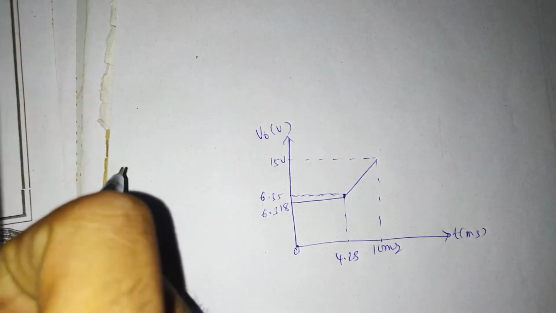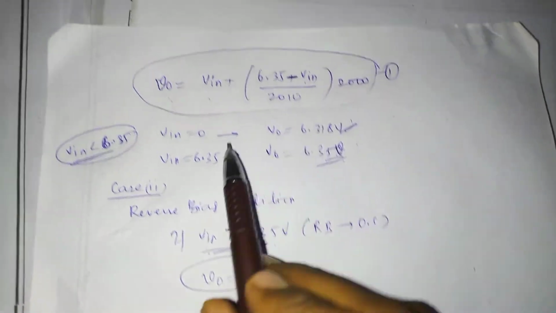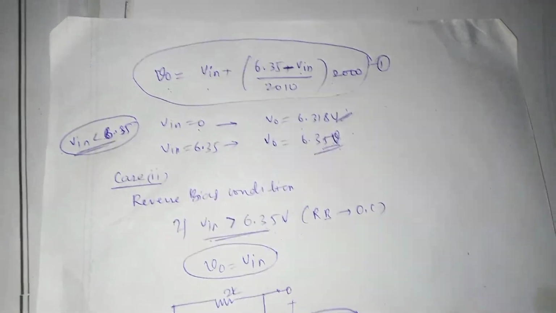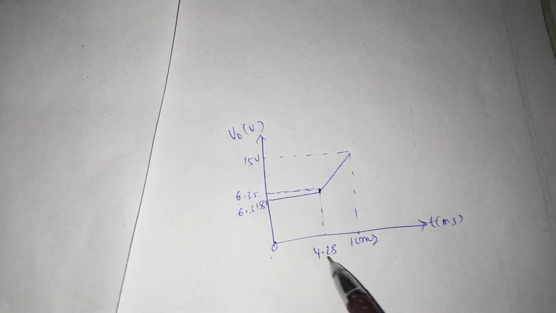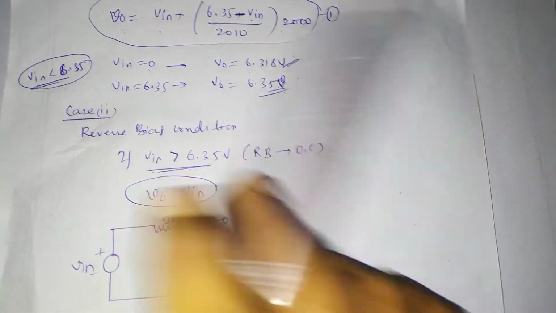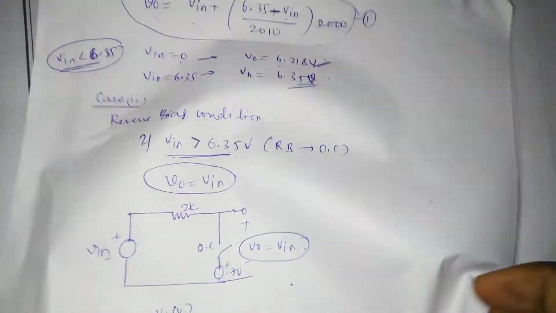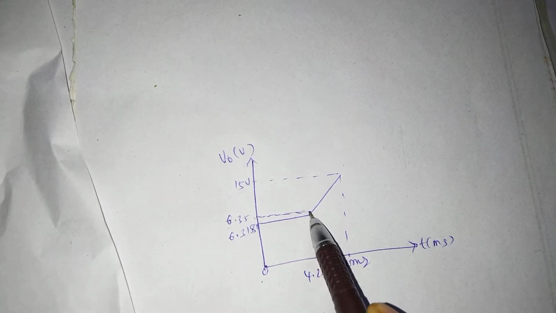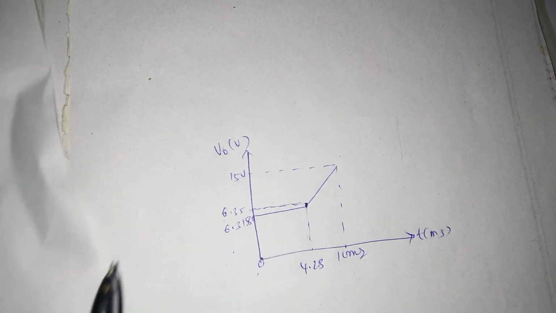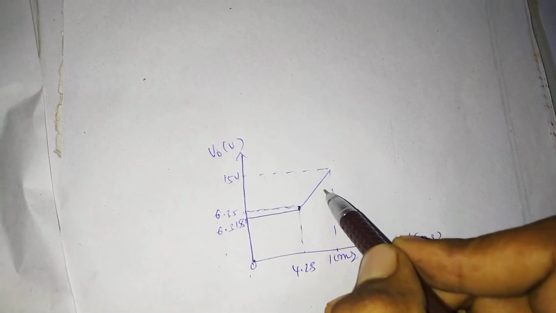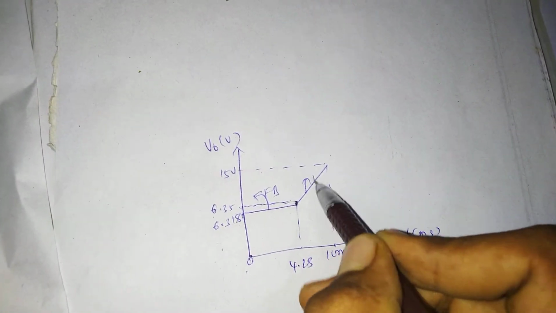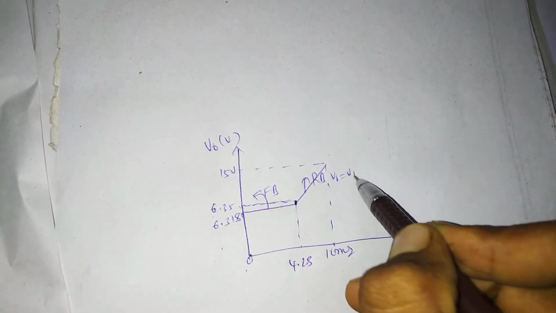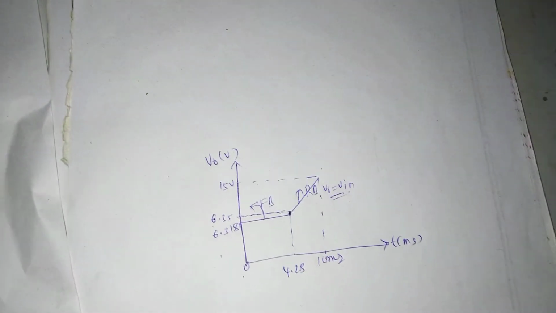Under forward bias, when input equals 0, the output is 6.38. When the input varies up to 6.35, the output is 6.35 only. So when input is 6.35, the output is also 6.35. This is the forward bias region. Under reverse bias, V output equals V in. So the question already mentioned something. What did they mention?